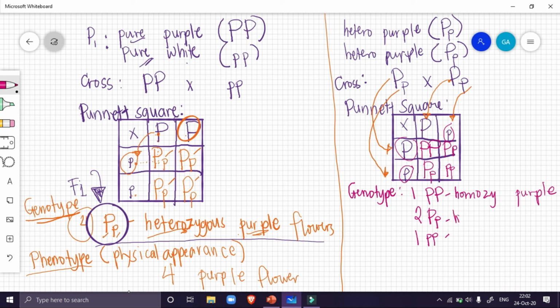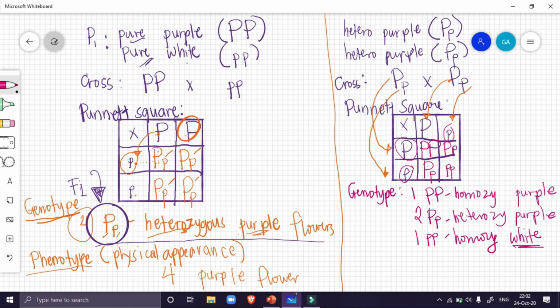This is heterozygous purple din. Kasi heterozygous siya eh. So, it's purple. It's dominant. Then, this one is homozygous white. So, if we're going to notice, lumabas na yung white na color. Nandun yung recessive trait. Dun sa second filial generation.